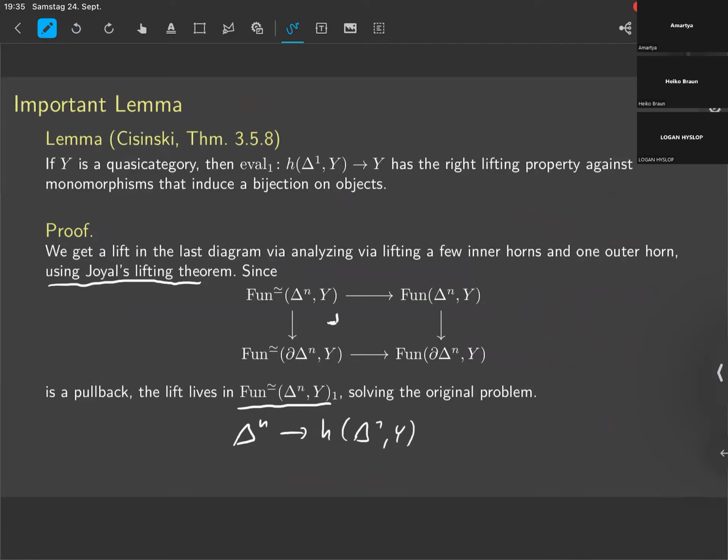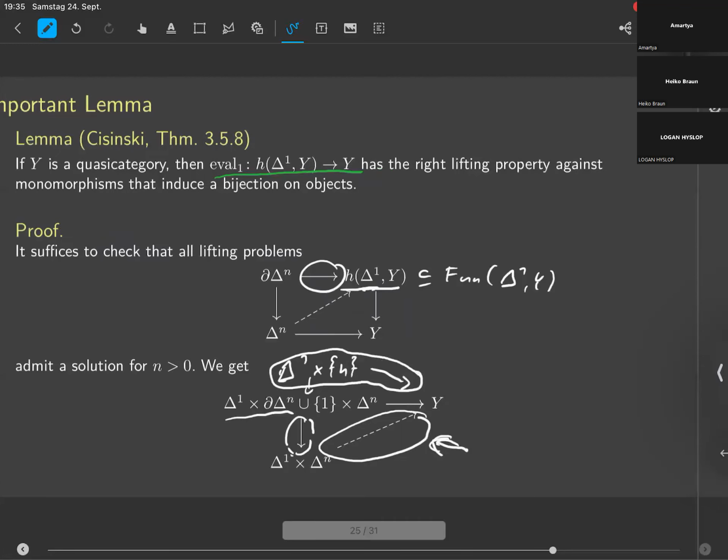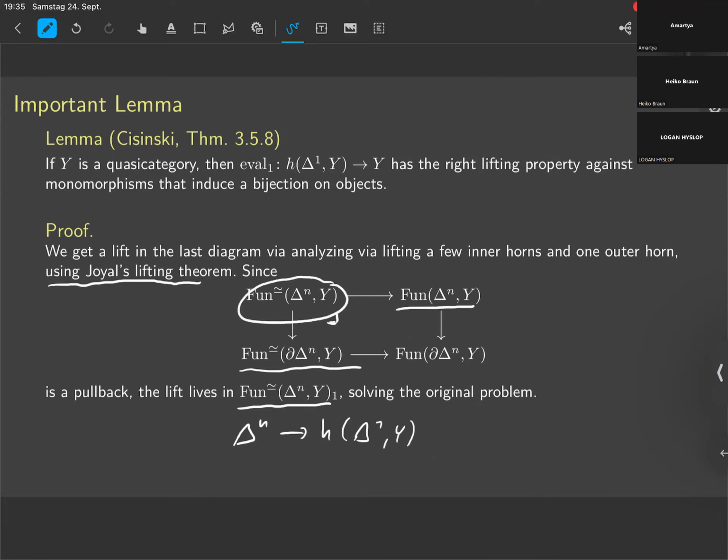And this means that our map comes from somewhere like here, and so from this top map, which is already an object-wise isomorphism, and the lift there, which are the same, they make up something that lives in here.